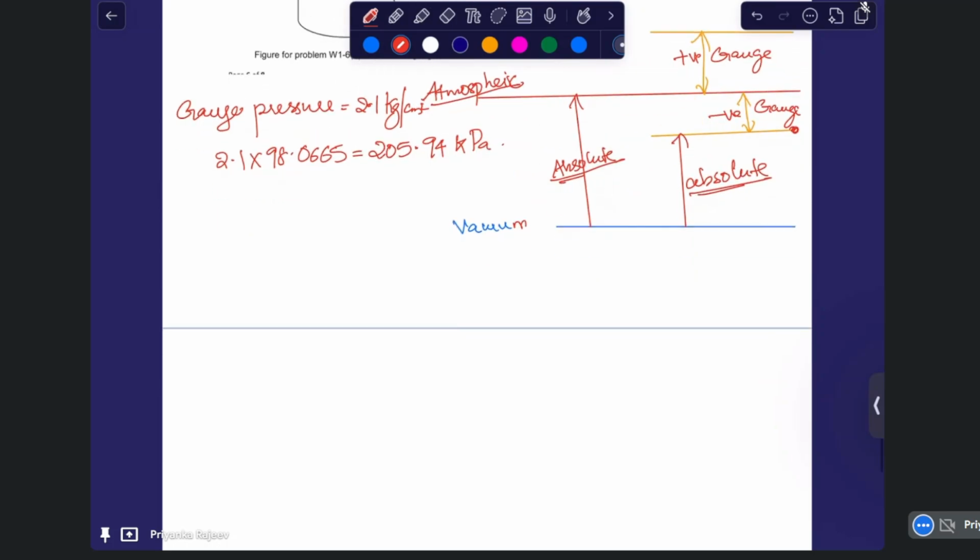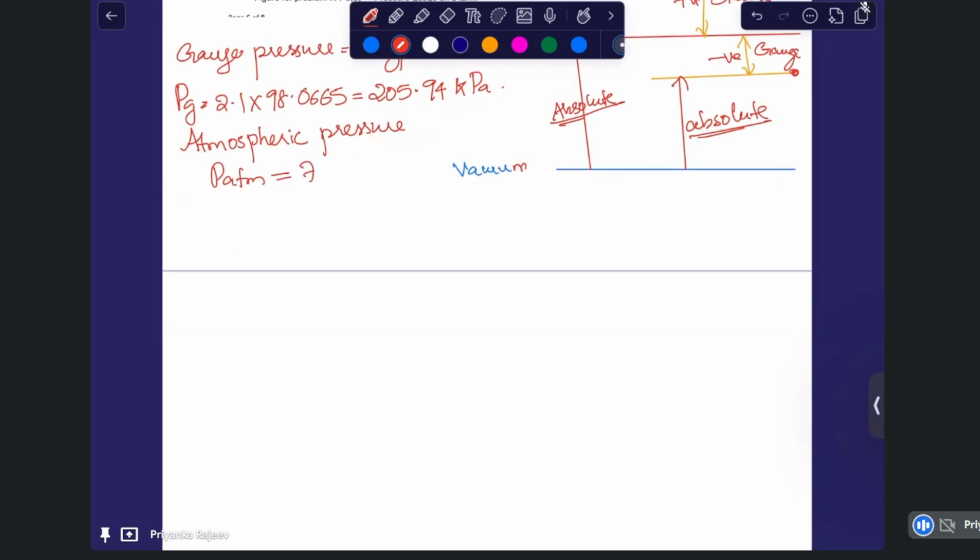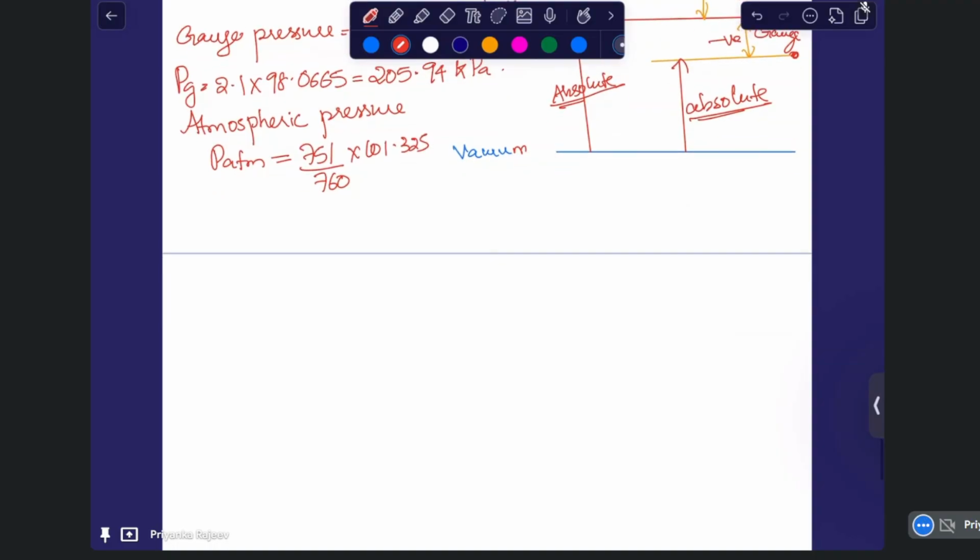Now atmospheric pressure is given in mm of Hg, so that also we have to convert to kilopascals. So PATM is 751 by 760, since 760 mm of Hg is 1 atmosphere, times 101.325. So that is around 100 kilopascal.